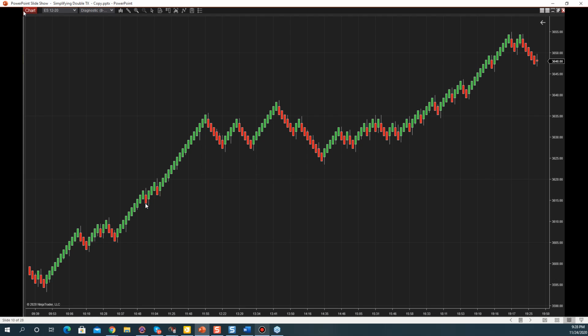A 1-bar retrace. Do you see that? Does that make sense? That difference there of a couple of bars retrace compared to just a 1-bar retrace. So that's another way to look at this.